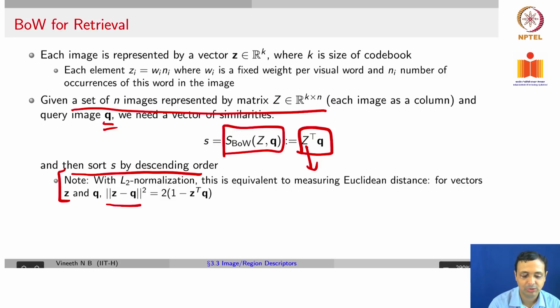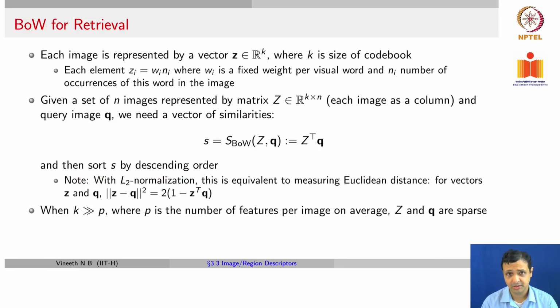Because the squared 2-norm of Z minus Q can also be written as 2 times (1 minus Z transpose Q). Work it out as homework. Which means something closer in cosine similarity will have a low Euclidean distance. A high cosine similarity will be a low Euclidean distance. So in some sense, these two metrics of comparing similarities or distances are complementary.